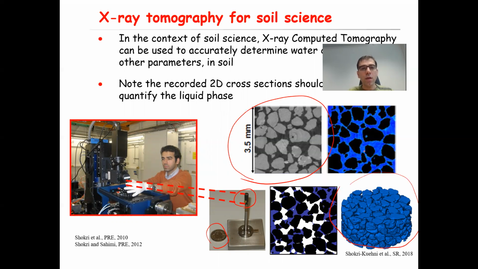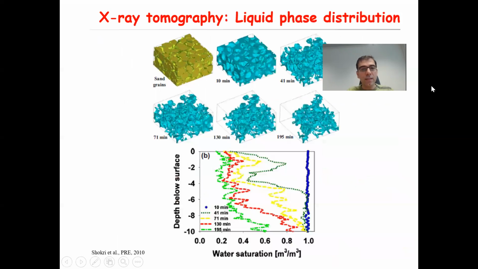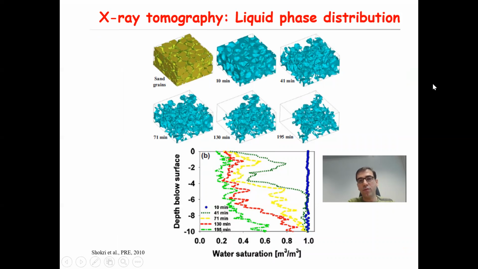And this is another example. This data was measured by synchrotron X-ray tomography. You see here I can get detailed information in 3D about the sand particle arrangement. Here I'm just showing you the liquid phase distribution. We removed the solid phase because we wanted to highlight how the liquid phase morphology and distribution look in 3D.